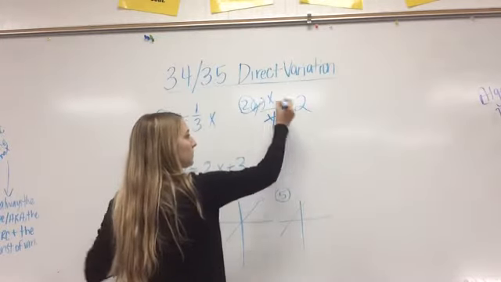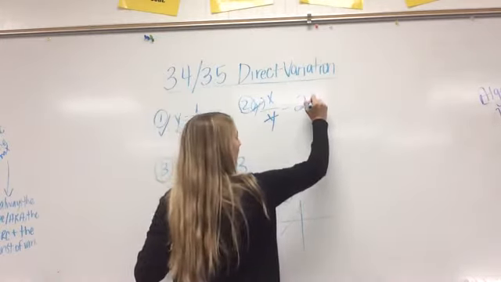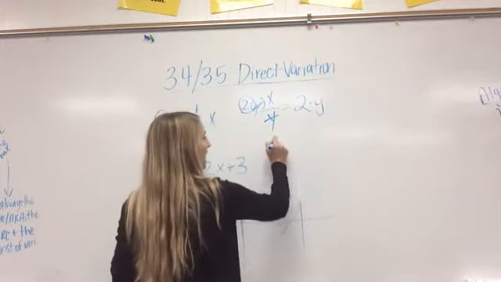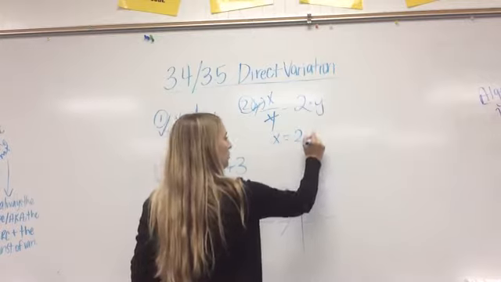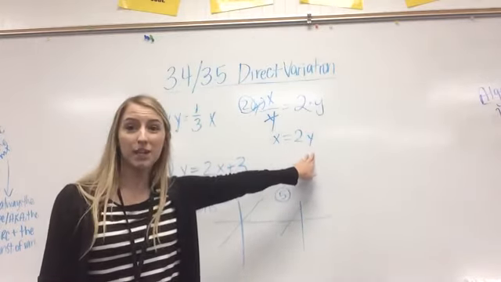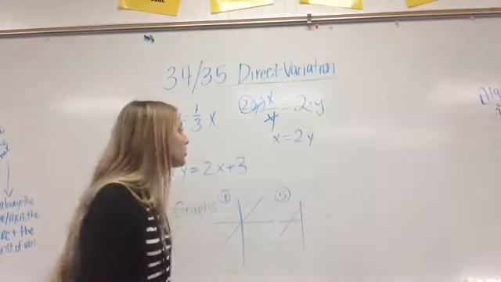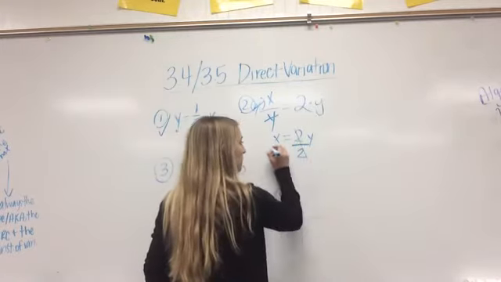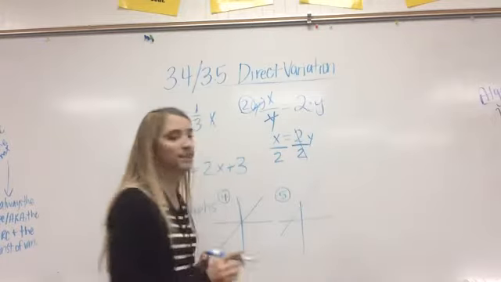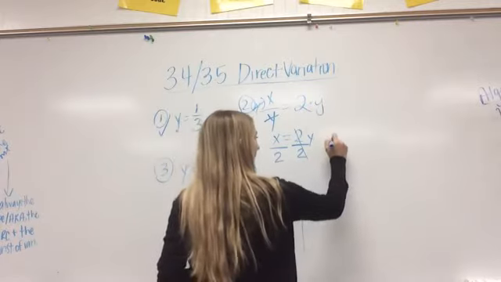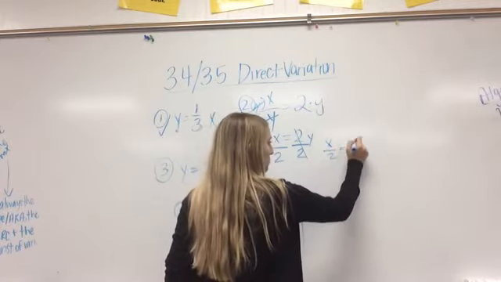So that crosses out both y's, and then I multiply by y on this side. So now I'm left with x equals 2y. Well, I'm trying to get the y by itself because it's y equals mx. So I have to divide by 2 on both sides. So if I divide by 2 on both sides, I get x over 2 equals y.